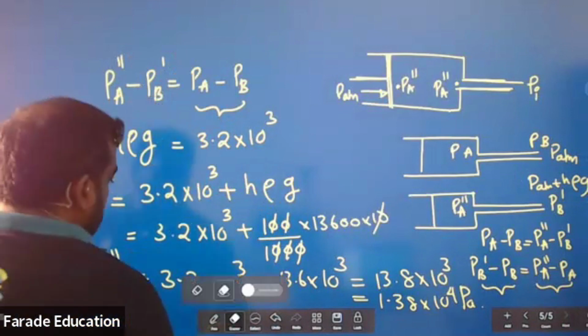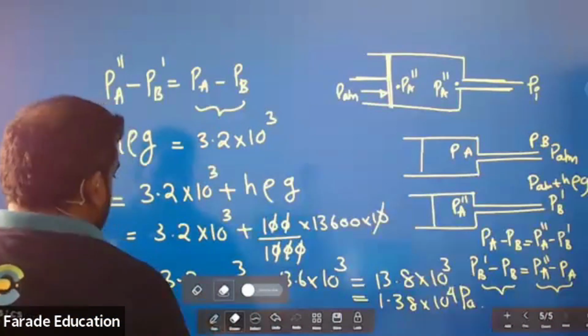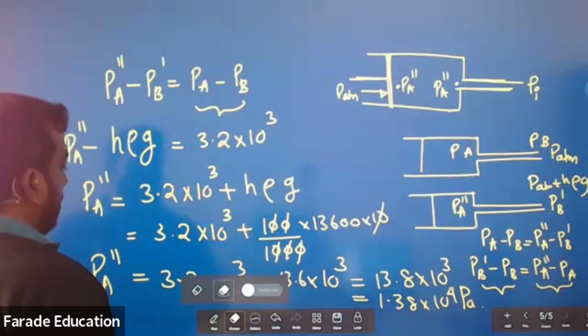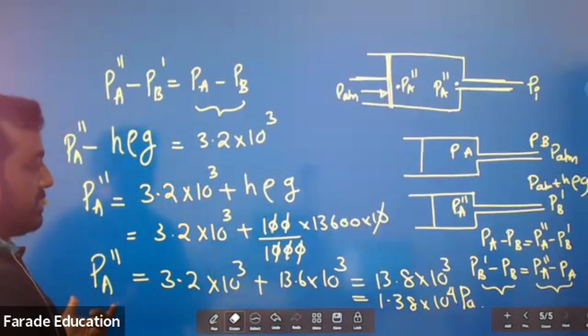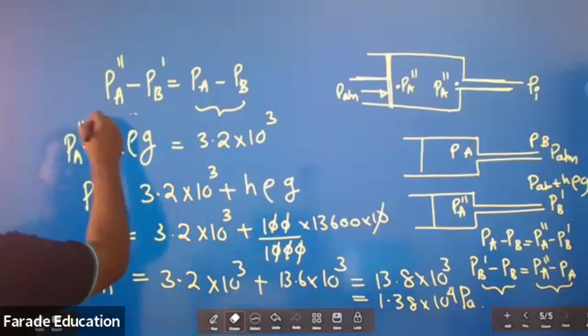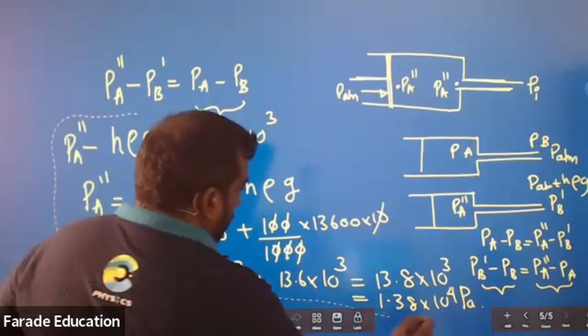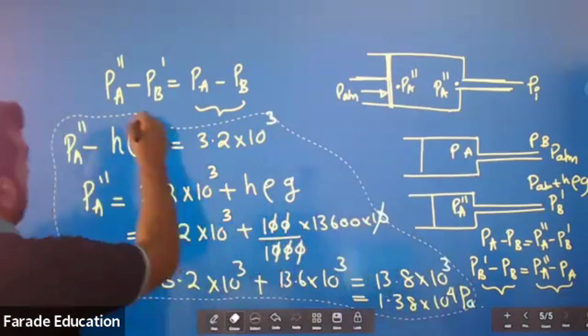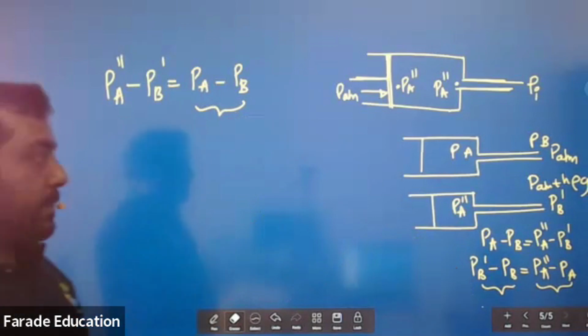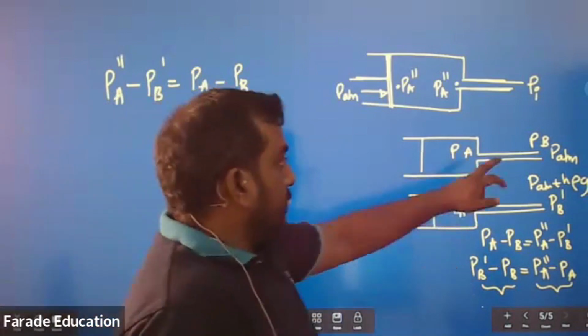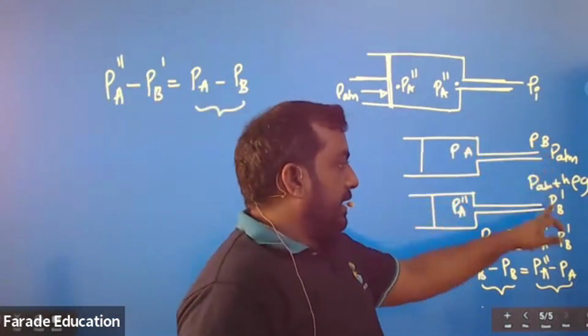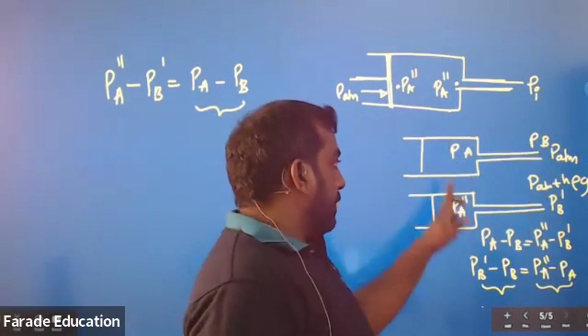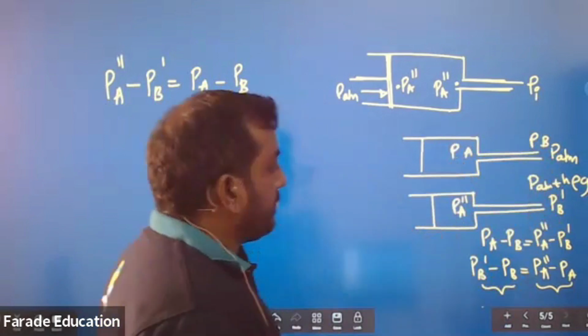The best thing is this PA double dash value is no need. Actually, no need to find this at all, because you are dealing with the pressure difference. No? So the increase in pressure there and the pressure difference here both are same.